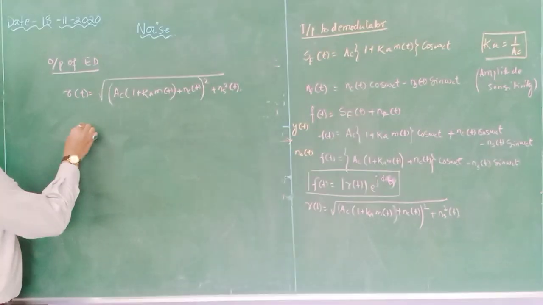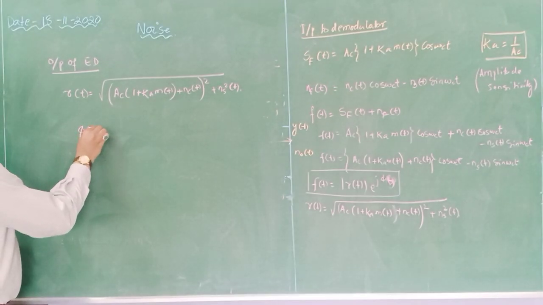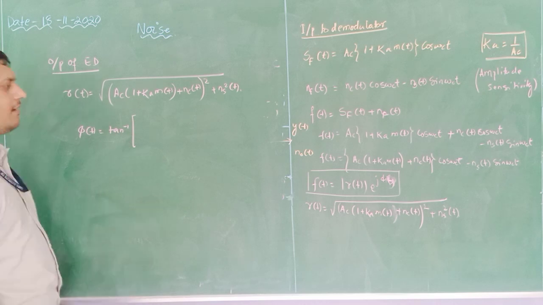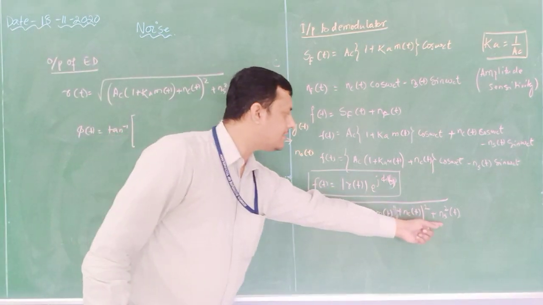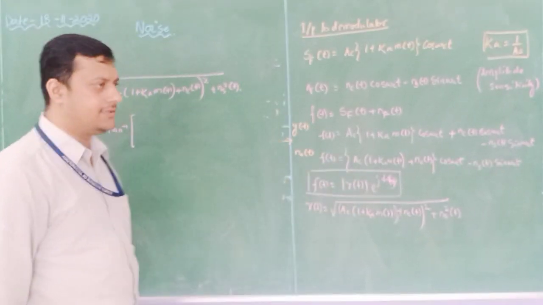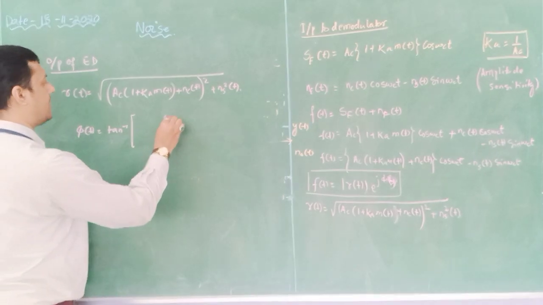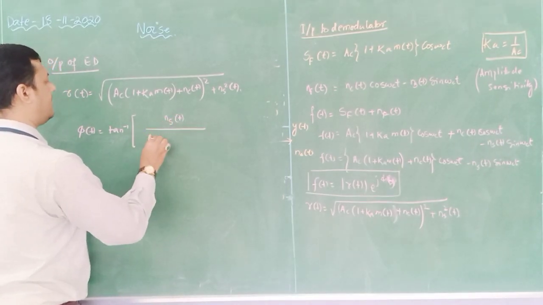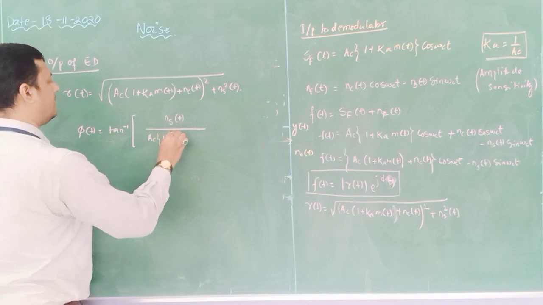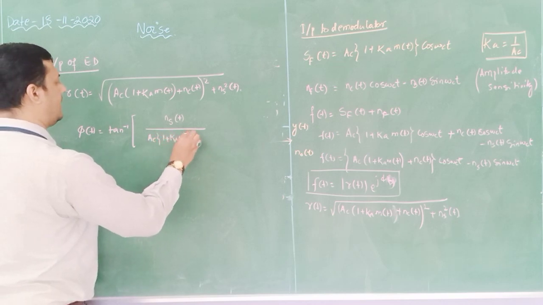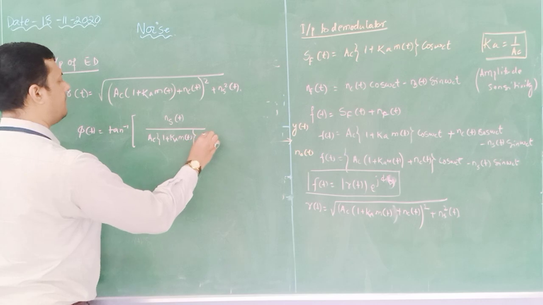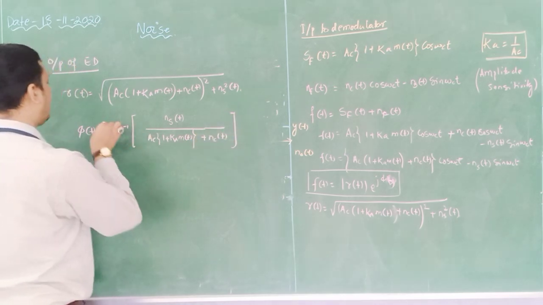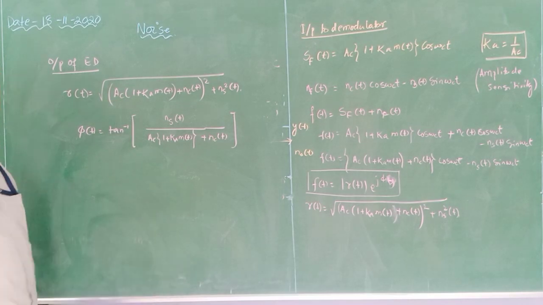And what is your phi? Phi of t is equal to tan inverse of this component divided by this component. So here I will write Ns(t) divided by Ac(1 + Ka m(t)) + Nc(t). So this will be my phase and this will be my magnitude.